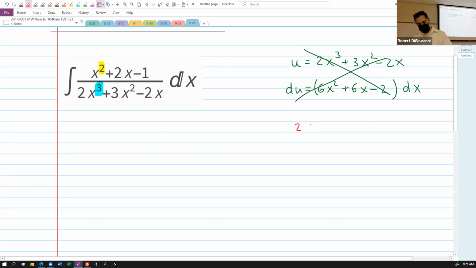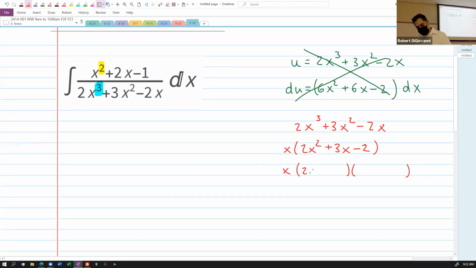I'm going to do that over here. 2x cubed plus 3x squared minus 2x. The only thing I can do initially is a GCF, greatest common factor. I can pull an x out. Right? And then 2x squared plus 3x minus 2, I believe that does factor.